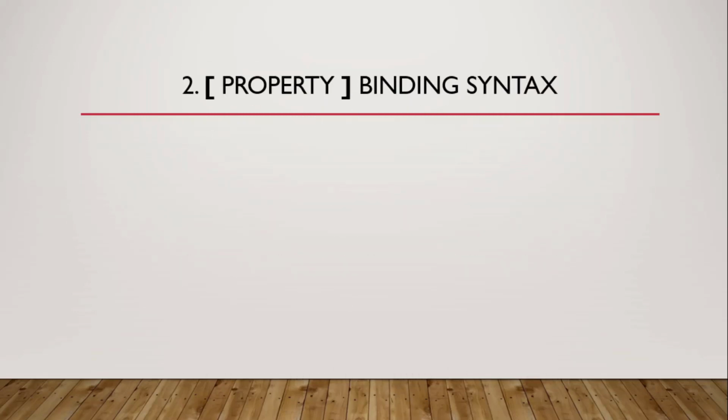The next is the property binding syntax, and as per the system we are following, you can see that we have square brackets. Property binding is used with a single square bracket, and from the name itself it is clear that it is related to property. We have different tags in our HTML.